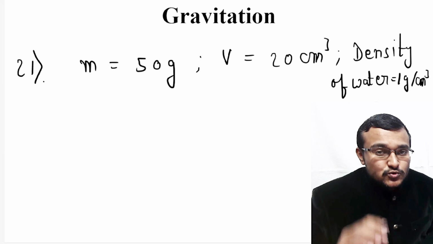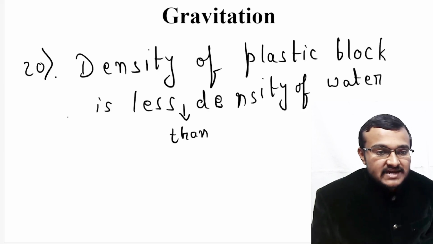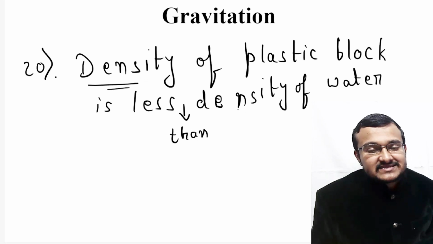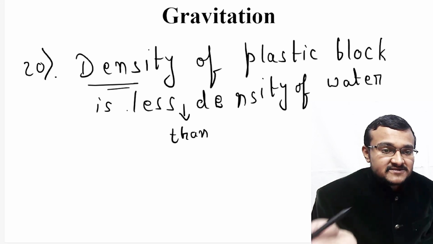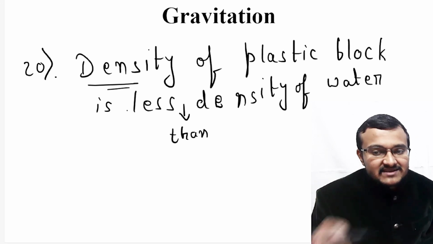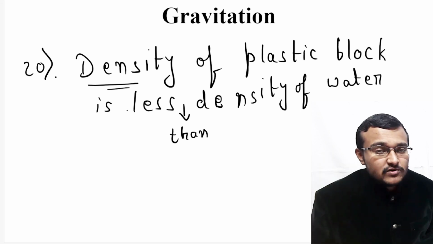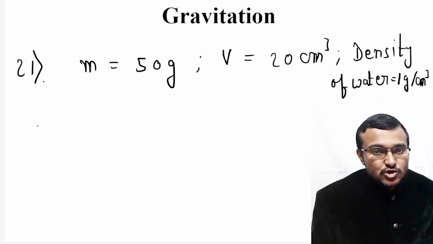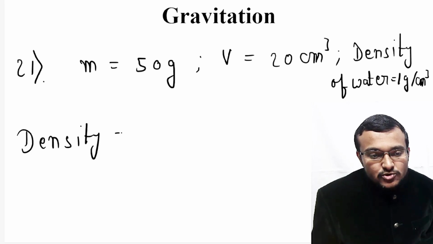In order to do that, we have to find the density of this substance, because in the previous question I told you that if the density of an object is less than the density of water, then it will float. Hence in the plastic block case, the density of the plastic block was less than the density of water, so it was floating on water instead of drowning. Similarly, this substance's density also you have to calculate. We know the formula is density equals mass divided by volume.